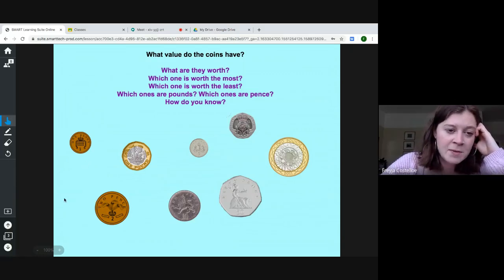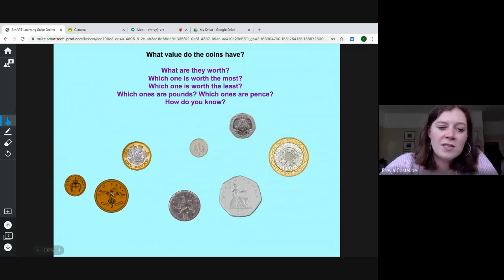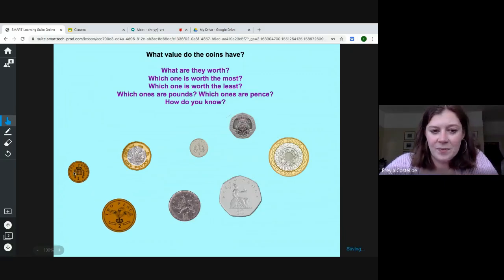I think you'll probably be able to spot those. The pictures, the images, and the numbers, obviously, because they're worth different amounts of money. But this 1 penny, if I had 2 of these, it would be worth the same amount as my 2 pence.